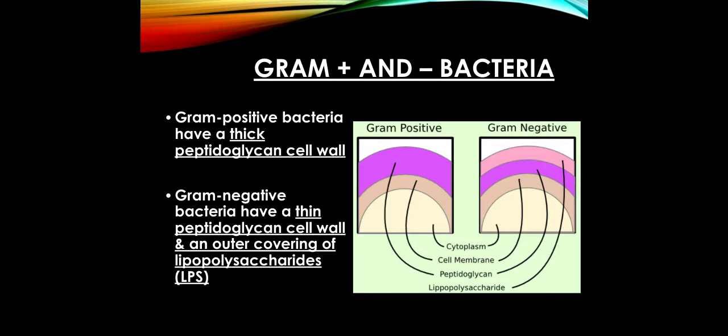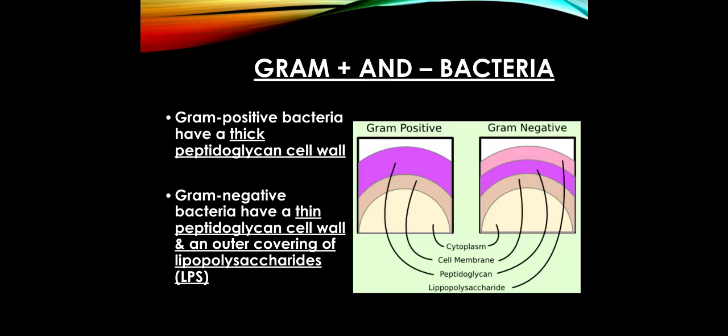When we look at our gram-positive and gram-negative bacteria, what we're really looking at is what color these bacteria are under the microscope when we stain them with a special process called gram staining. If the bacteria has a very thick peptidoglycan cell wall, that gram-positive bacteria will look purple or blue because it's going to hold on to that pigment in that peptidoglycan cell wall.